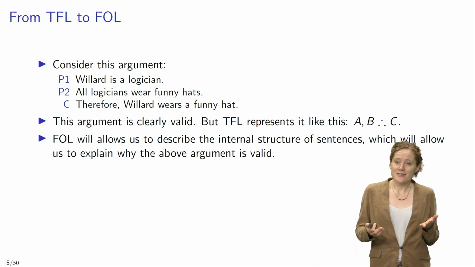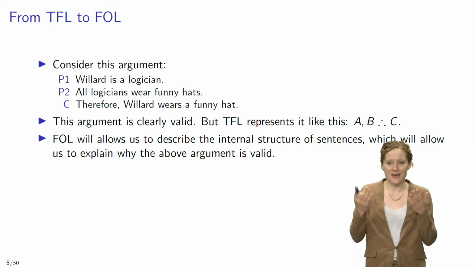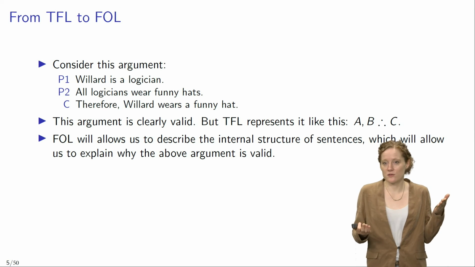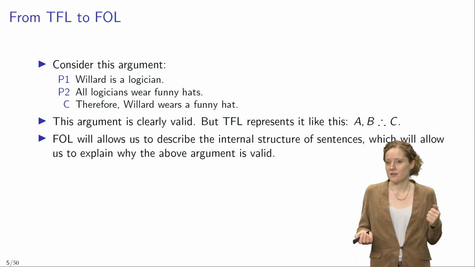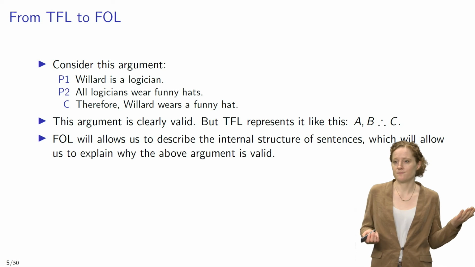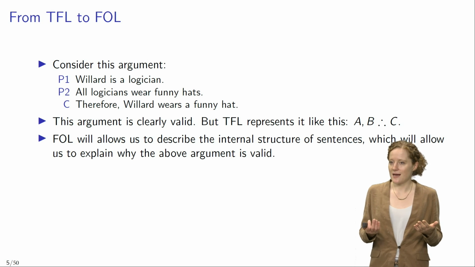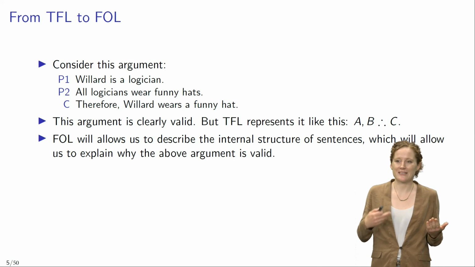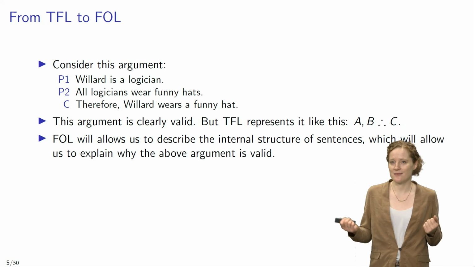Now, the issue is that TFL represents both premises and the conclusion simply by a capital letter. So both premises and the conclusion are atomic sentences, so we would represent them as, say, A, B, therefore C. But if you look at this argument, A, B, therefore C, there's no formal or structural reason why this argument should be valid.